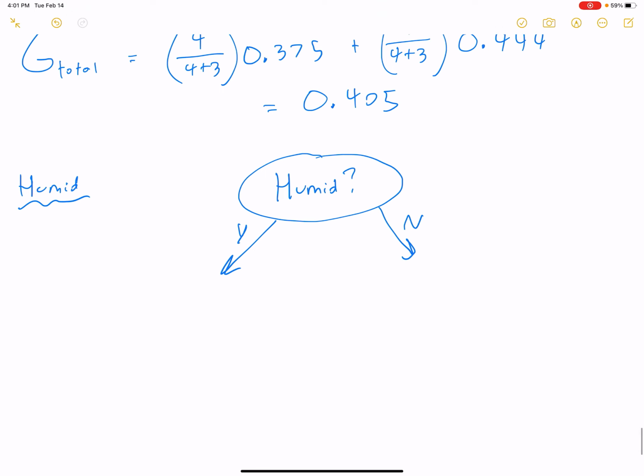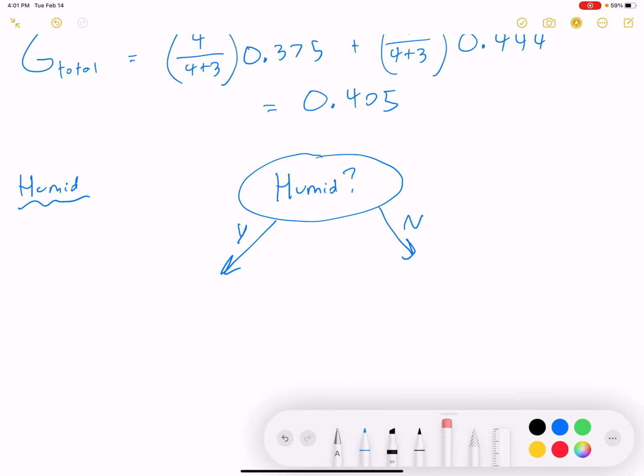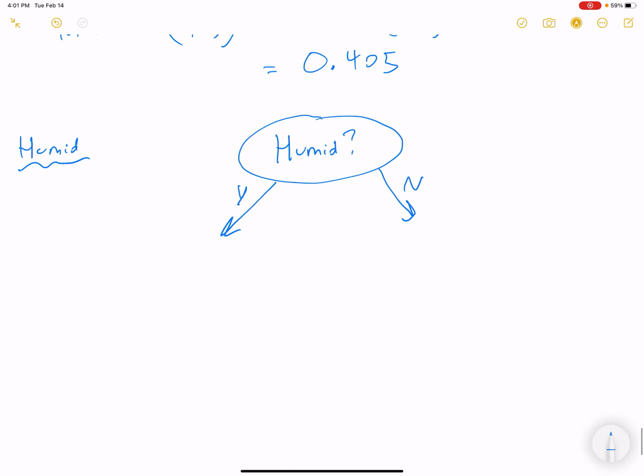So again, we look at how the hurricane outcome variable is different when we split on humid this time to see if maybe humid would be a better split instead.